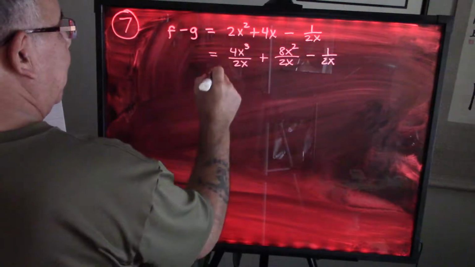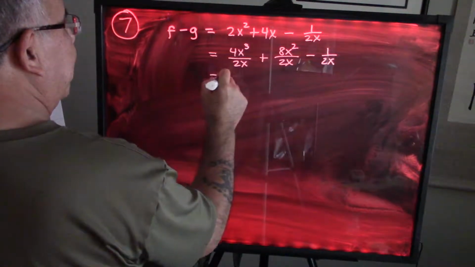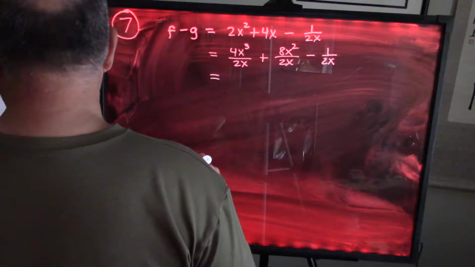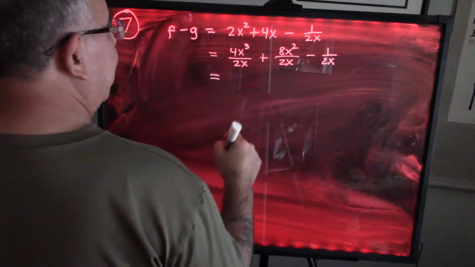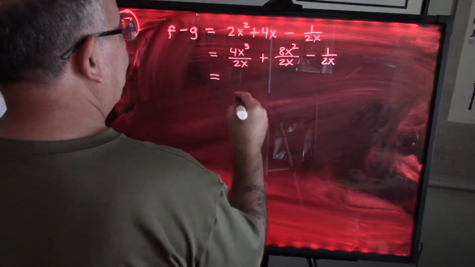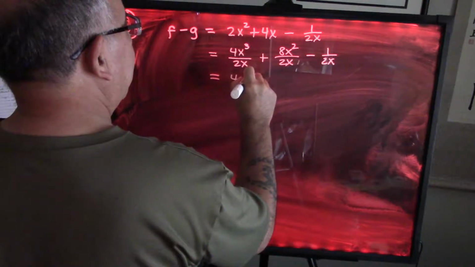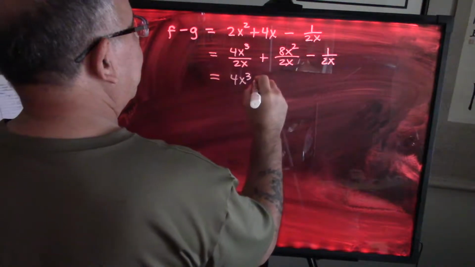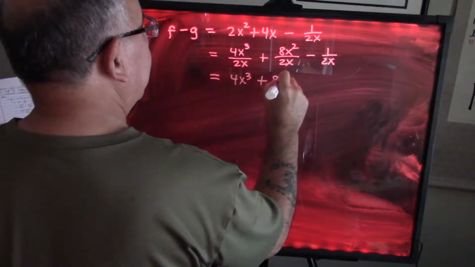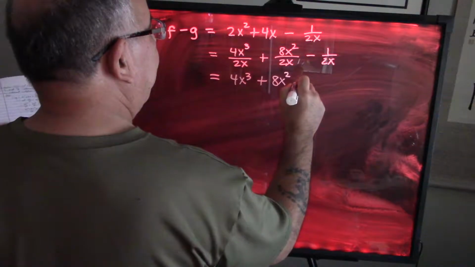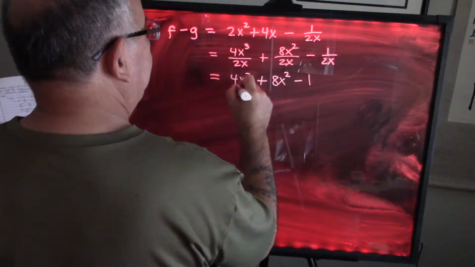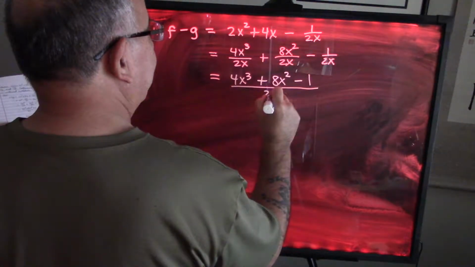Alright, so you do that just the same way as you did with f plus g. And so now that they have a common denominator, you can just work with the numerator. So you get 4x cubed plus 8x squared minus 1, and then all over the common denominator of 2x.